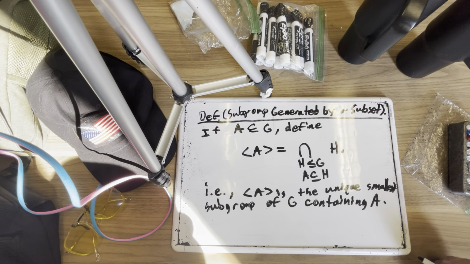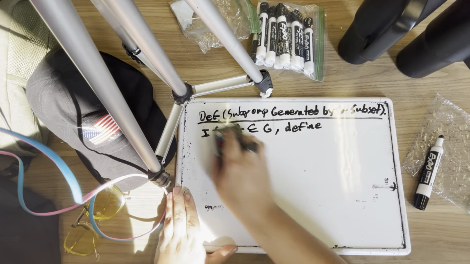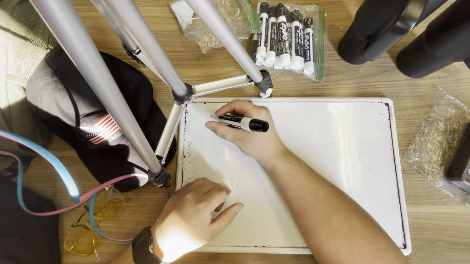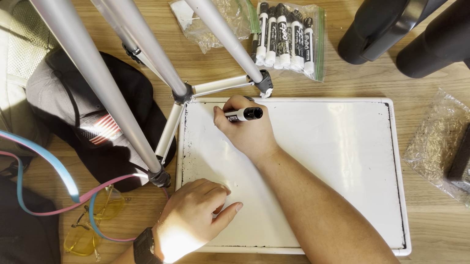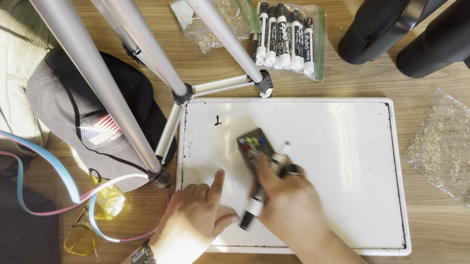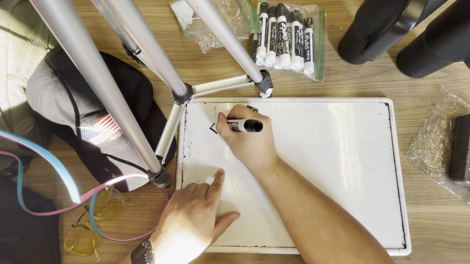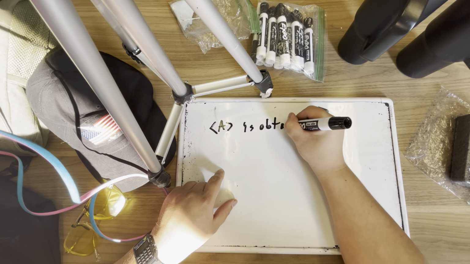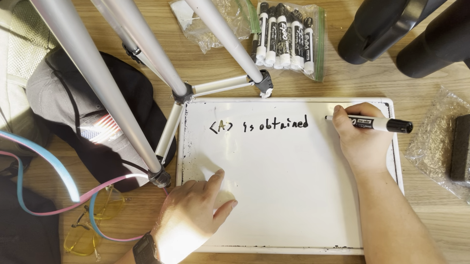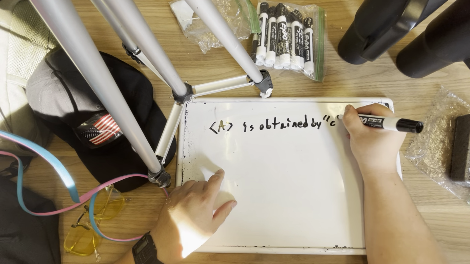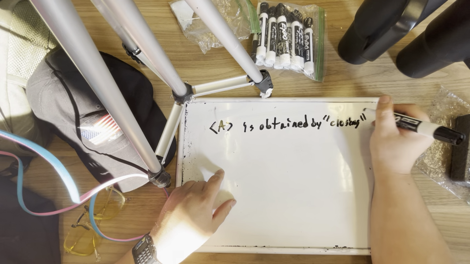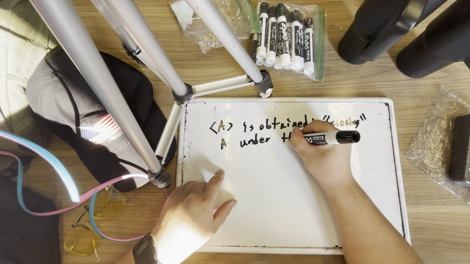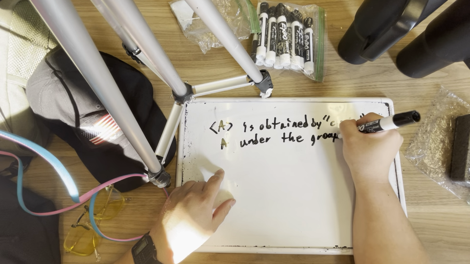Okay, so there's more that I can say on this. So let's go ahead and erase this and move on to a bit of some intuition here. Intuitively, the group generated by A is obtained essentially by closing the set A under the group operation and inverses.